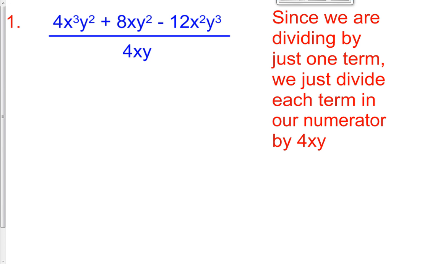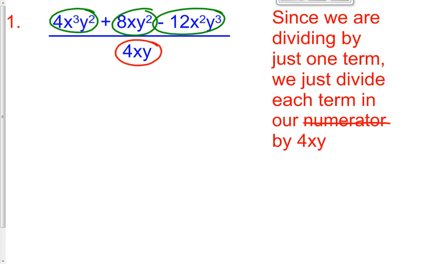So we have a trinomial on the top, three different terms, divided by a monomial, one term on the bottom. What we're going to do here is divide each term by our denominator, 4xy. So we're going to have this divided by the red, this divided by the red, and this divided by the red.